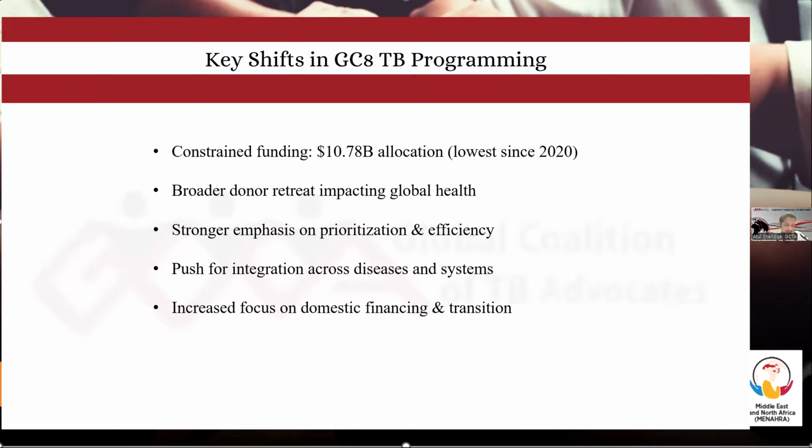So overall, we are seeing a shift towards more standardized, efficiency-driven programs combined with reduced flexibility. And from the community perspective, the real question is whether these priorities will actually reach the people who are still left out. Taken together, these shifts mean that TB programs will need to do more with fewer resources while also adapting to a more standardized and integrated approach.